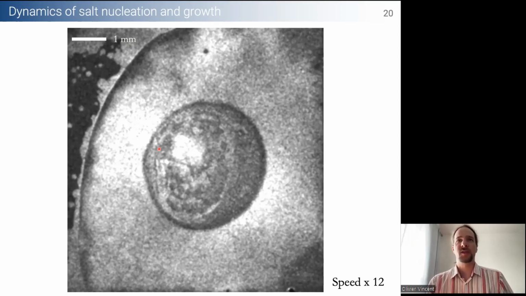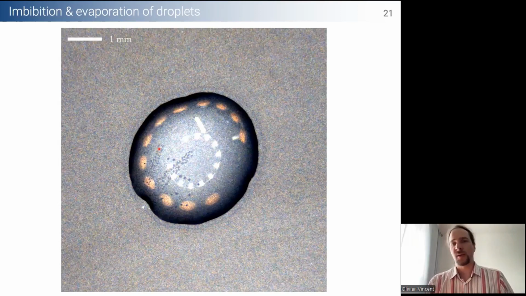Another one, which is actually the reason why there's this dark spot in the center, is that we also look at what happens when we have drops impacting or just deposited on these nanoporous layers, drops of salt solutions, and how they imbibe and dry depending on the humidity and so on.